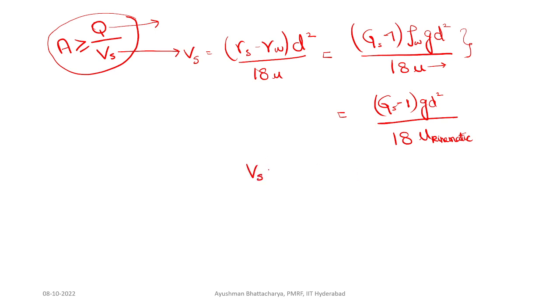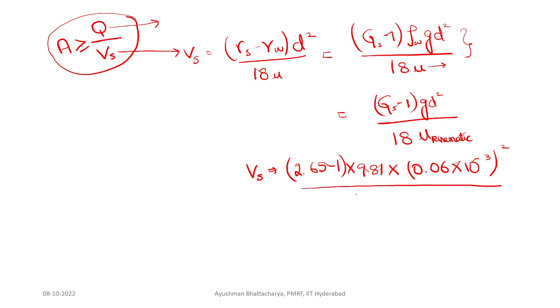So Vs is equal to (2.65 minus 1) into 9.81, the diameter is given as 0.06 mm, converted into meters it is 0.06 × 10^-3, raised to power square, divided by 18 into mu kinematic.